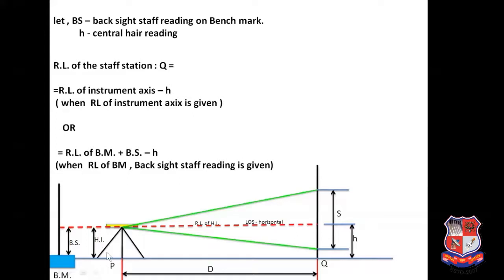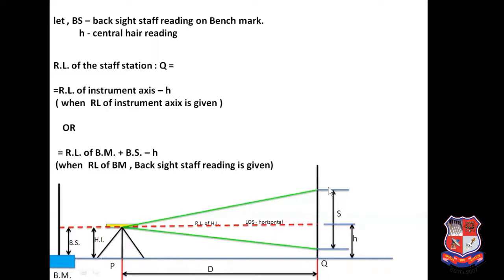P is my instrument station. HI is the height of the instrument. D, capital D, is the horizontal distance between the instrument station P and the staff station Q. Q is my staff station, on which we have to keep the staff vertically, and we have to find the RL of this staff station Q.